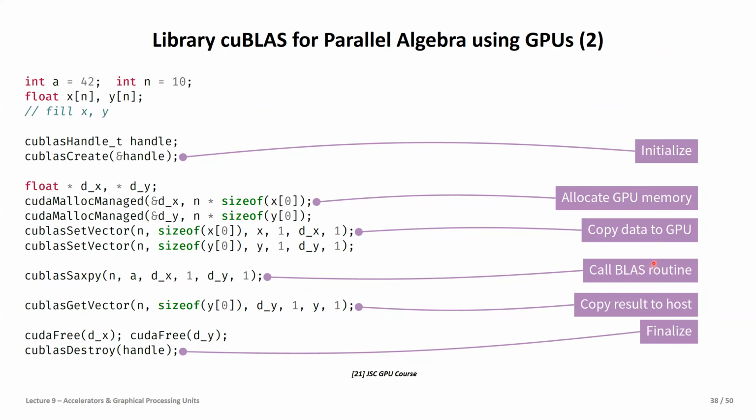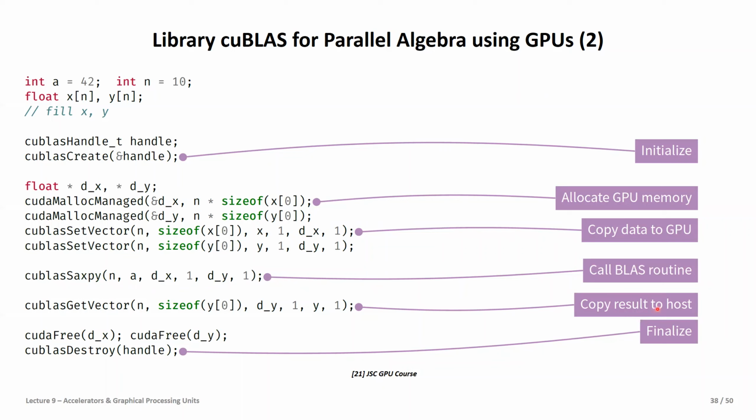Then we call, within this GPU environment, the BLAS routine SAXPY on the device X and device Y memory space. Of course, the GPU will take care that this actually works, with the scheduler that we have seen working on this kernel, the cuBLAS SAXPY.